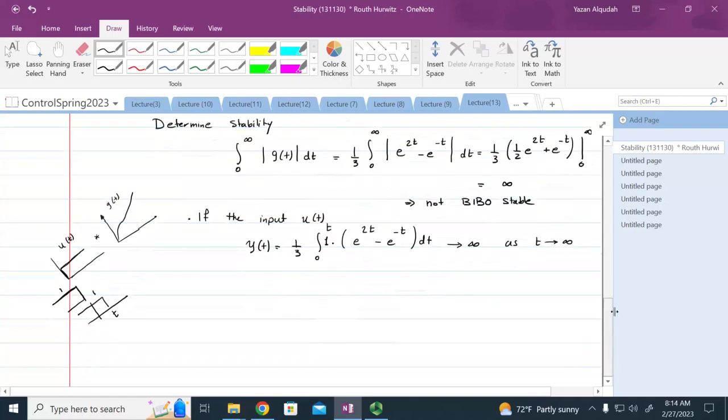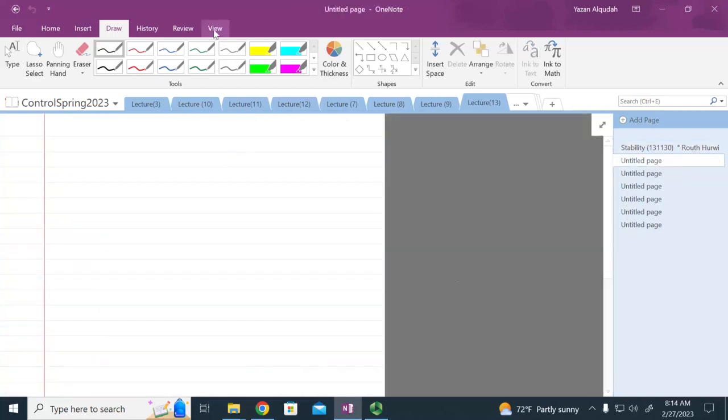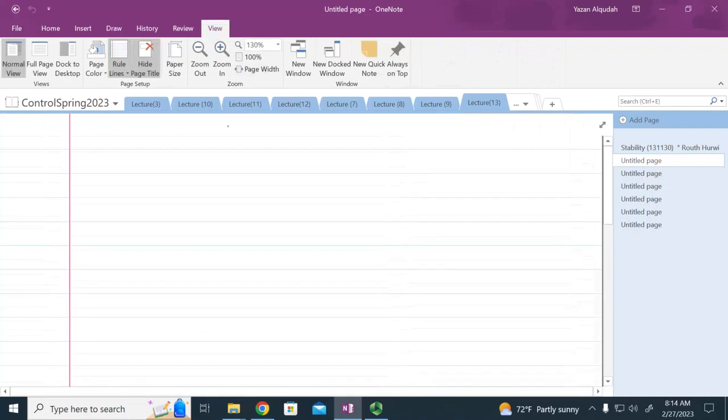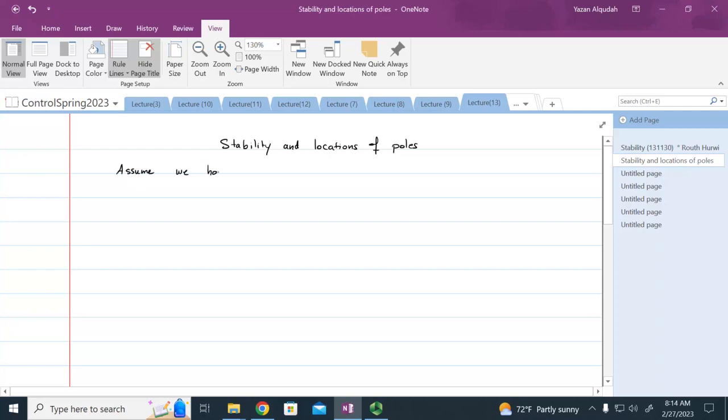So therefore, let's look at the stability and the location of the poles of the system. And let's assume we have a system with simple roots.